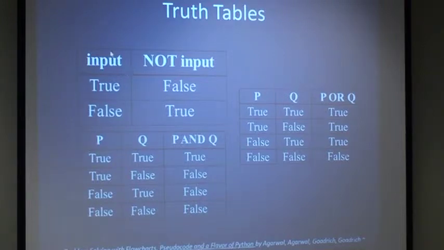Suppose we have P and Q instead of input. They should be variables, lowercase. If both are true, P and Q is true. But in all other cases, if any one of them is false, this is defined to be false. This is a definition. There's nothing to discuss, no arguments or anything.